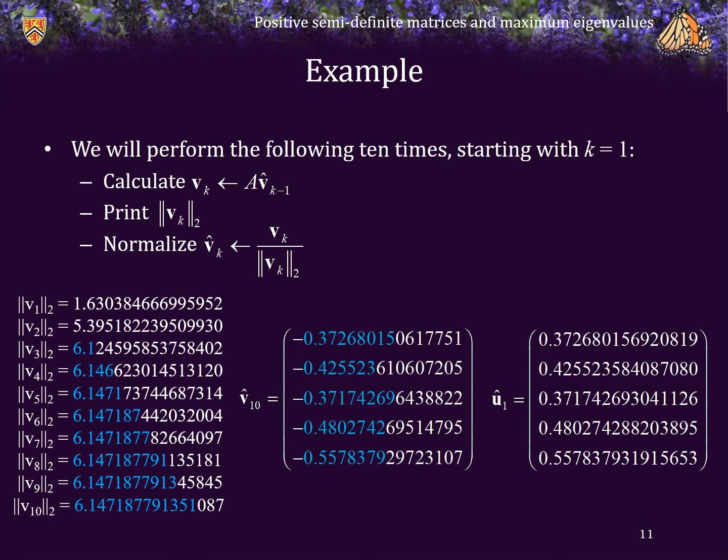So, with just 10 matrix vector multiplications followed by normalizations, we've actually come very, very close to the eigenvector corresponding to the largest eigenvalue.